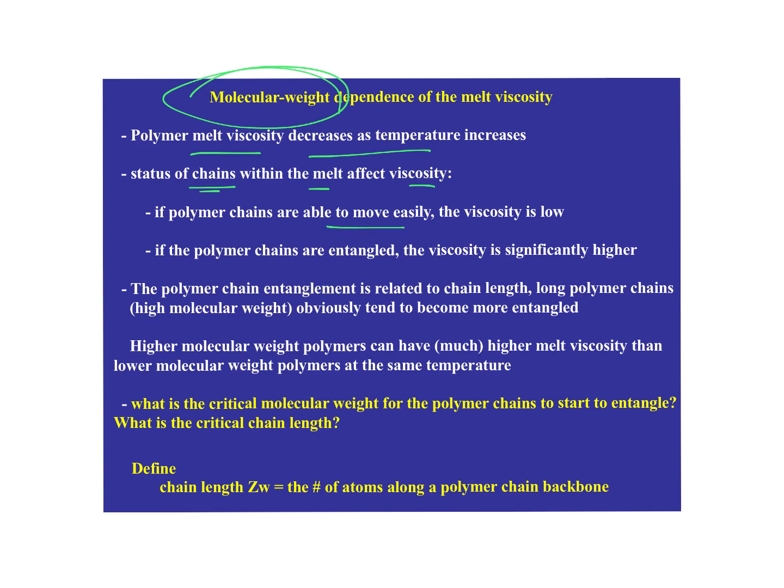If chains are able to move easily, the viscosity is low. If they're entangled, i.e. they are above a certain molecular weight at which entanglement becomes an issue, the viscosity is significantly higher. And polymer chain entanglement is related to chain length, of course. Long polymer chains, high molecular weights, obviously tend to become more entangled.